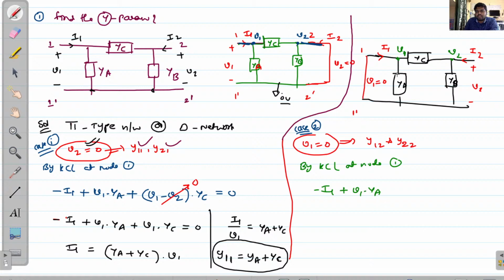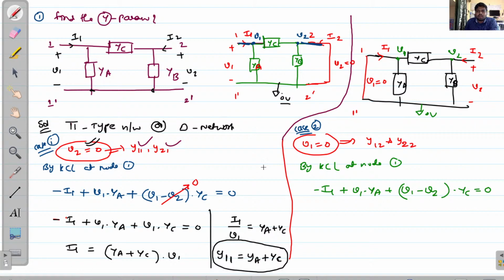In this branch, this is 0 volts, connected to the ground node, and this is V1. Current always moves downwards, so V1 into YA gives the current through this particular element. And after that, plus V1 minus V2, that means the current through the YC branch, that is V1 minus V2 into YC, which equals 0.